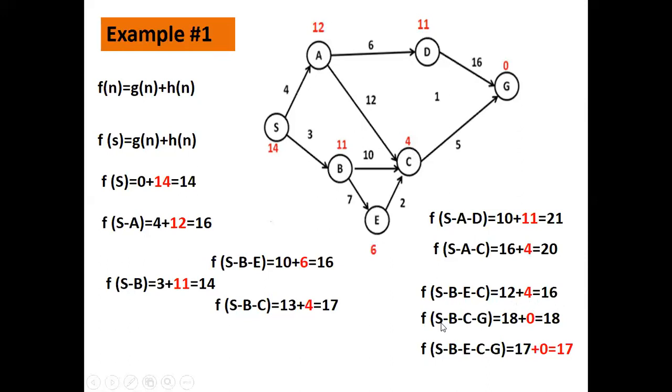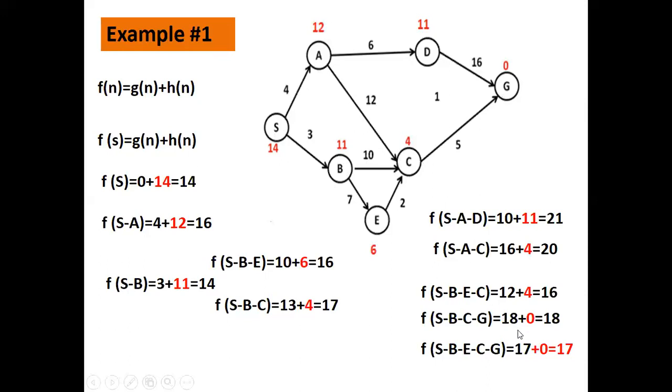Now, the next thing we'll explore from here is S, B, C and G. So S to B, B to C, right? And now from C you go to the goal state G. This is our path S, B, C and G. Now S to B is 3, B to C is 10, that is 13, and C to G is 5, that is 18.